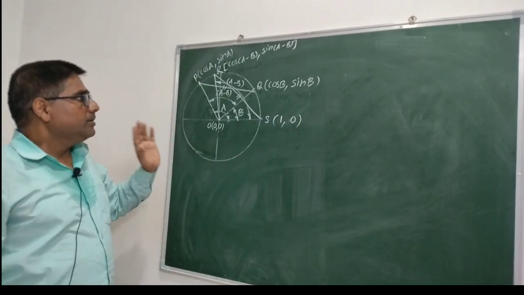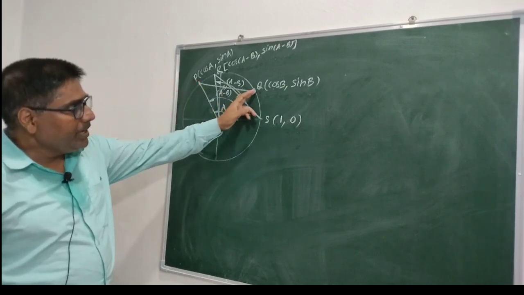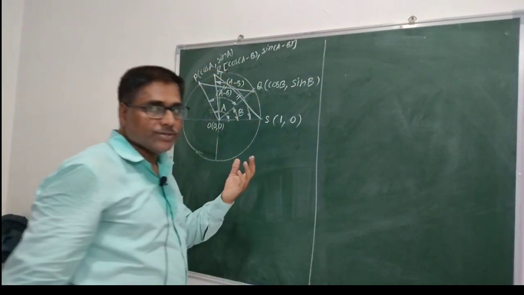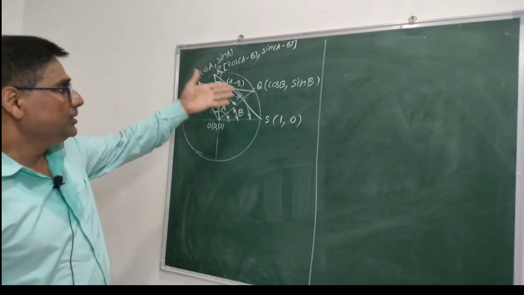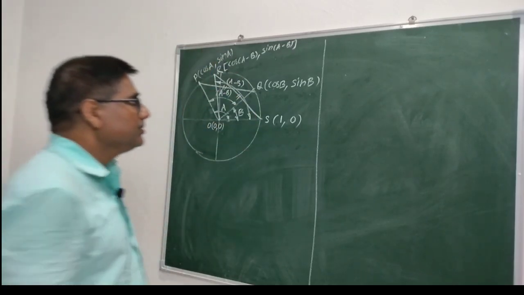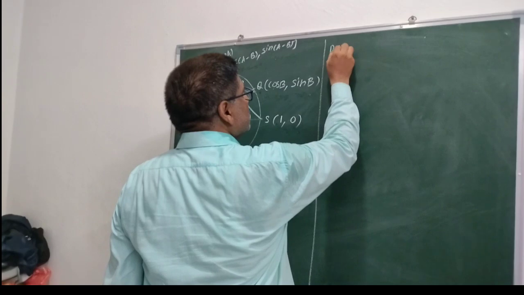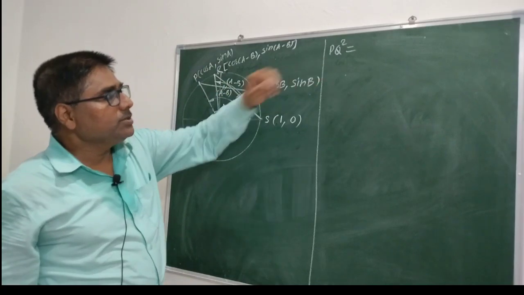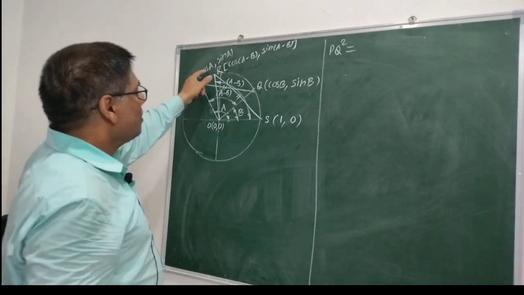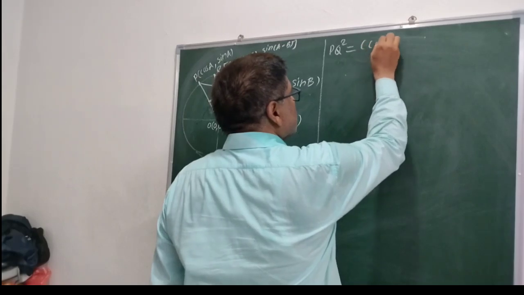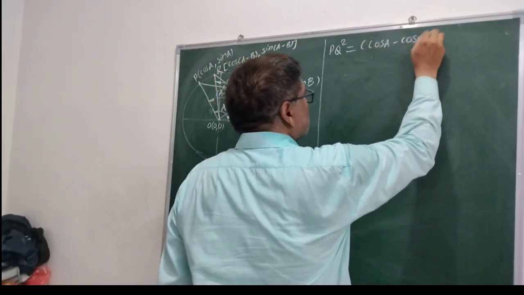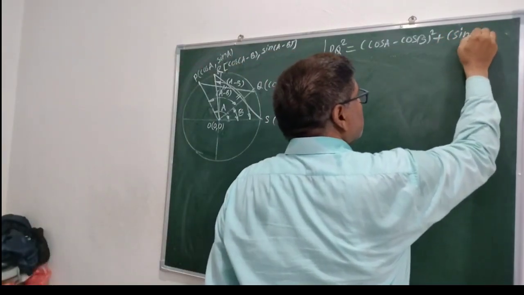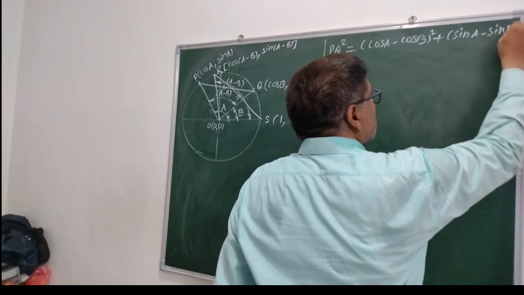Therefore, we can write the distance formula for PQ and RS. Let us write the distance formula, then square it, and we will equate these two square distances. PQ square is equal to x2 minus x1 whole square plus y2 minus y1 whole square. That is, cos A minus cos B whole square plus sin A minus sin B whole square.